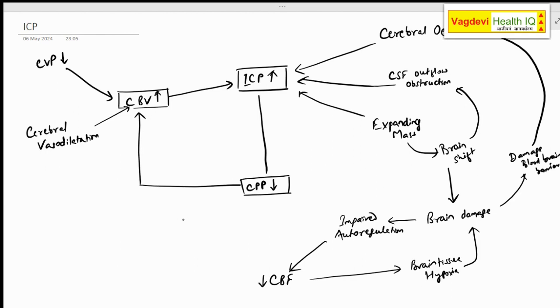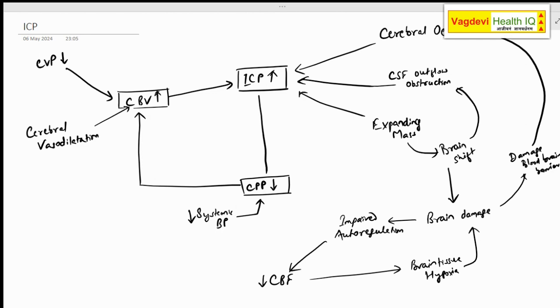Okay, so now what all can cause less cerebral perfusion pressure? Normal systemic BP, if it reduces, that is hypotension, that will also cause low CPP. You remember the formula? CPP, cerebral perfusion pressure, is systemic BP minus intracranial pressure.